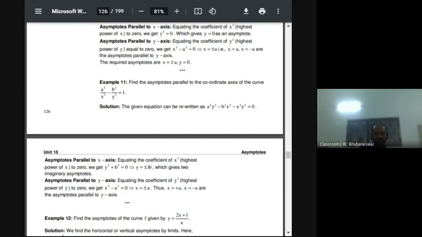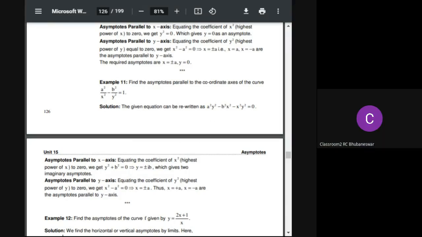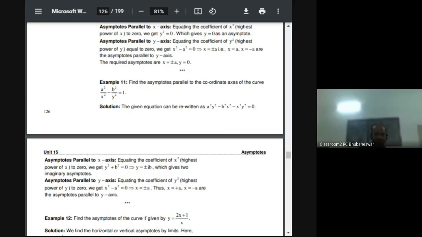Now from this expression, x square is the highest degree of the variable x and y square is the highest degree of the variable y. Equating the coefficient of y square to zero, we get y square plus b square equals 0. When we solve that, it gives y equals plus minus ib.